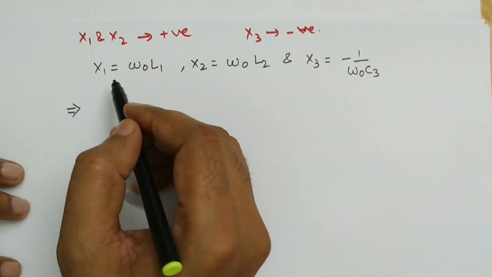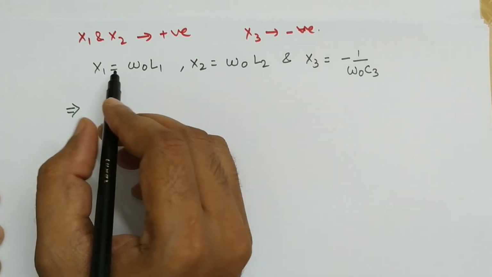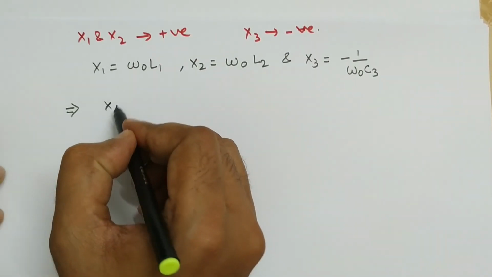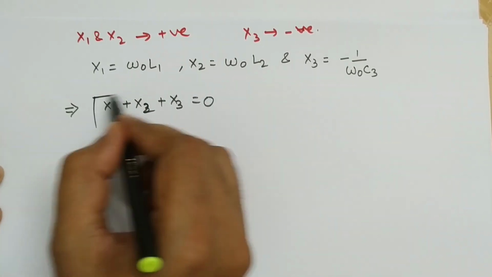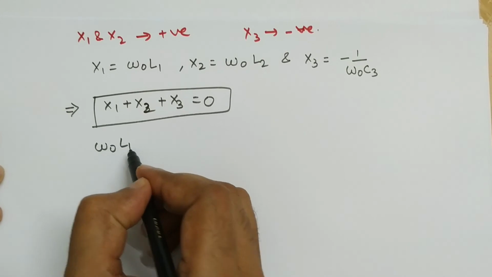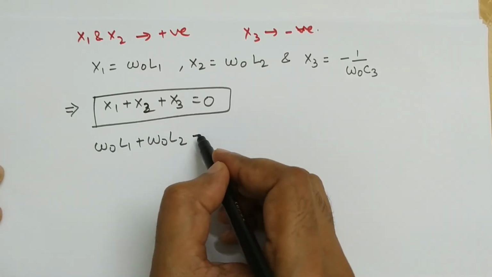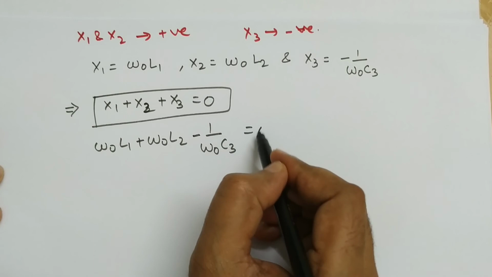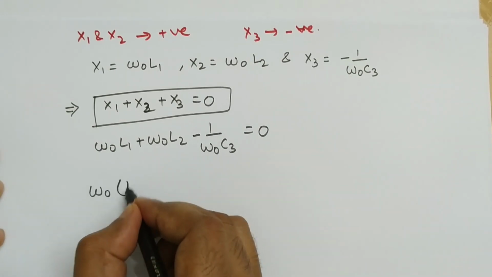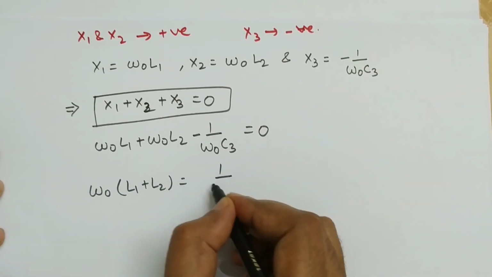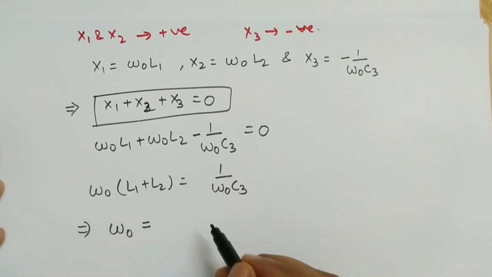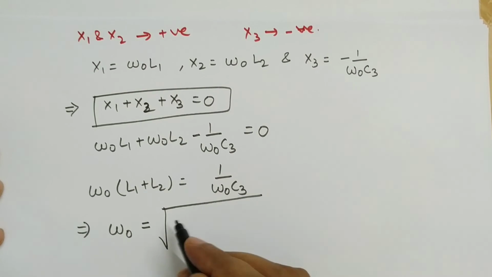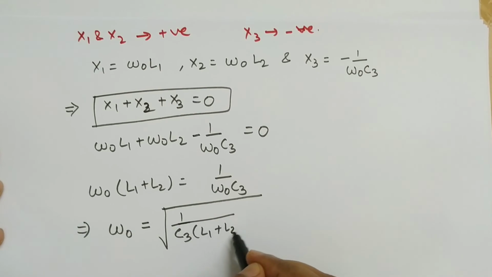So first, to calculate the frequency of oscillation, we will apply the first condition, x1 plus x2 plus x3 equal to 0. So omega naught L1 plus omega naught L2 minus 1 by omega naught C3 equal to 0. So omega naught times L1 plus L2 equal to 1 by omega naught C3, and the frequency of oscillation is omega naught equal to root under 1 by C3 into L1 plus L2.